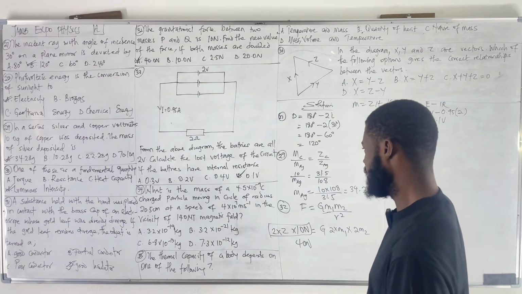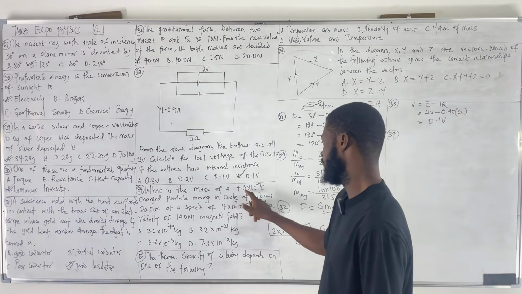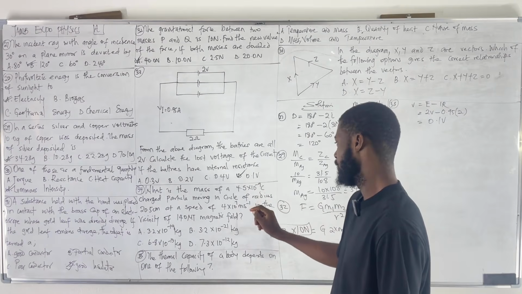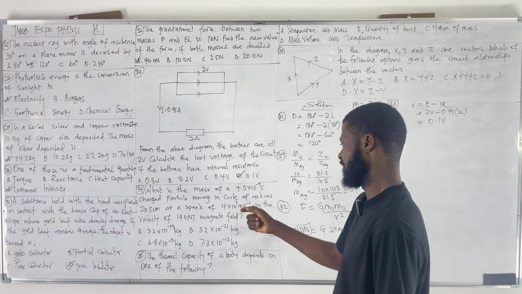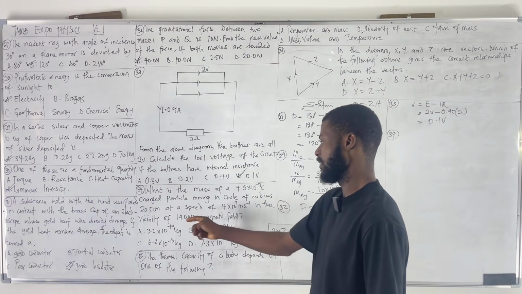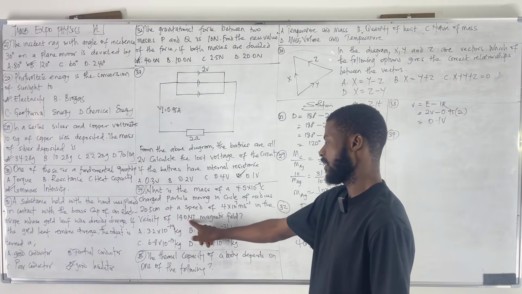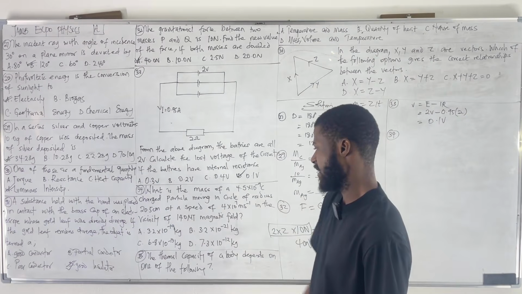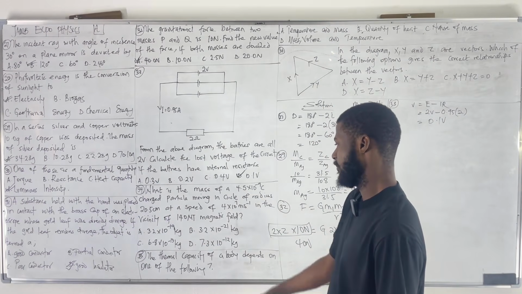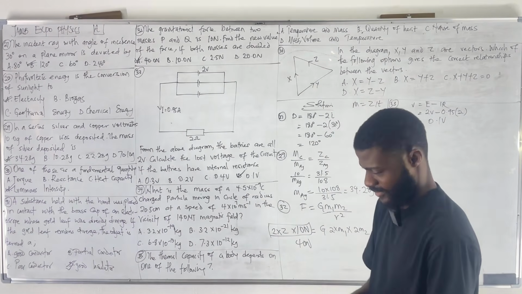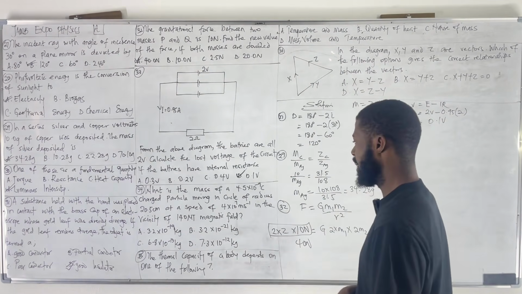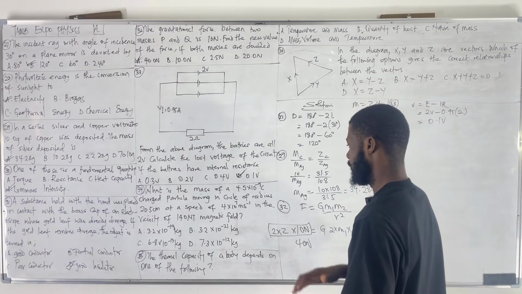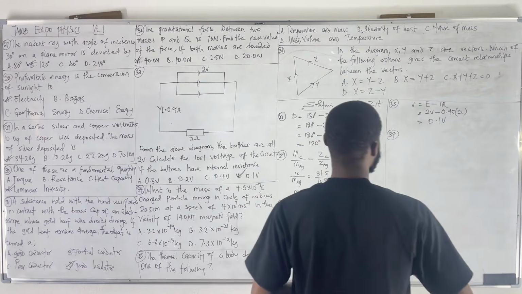34 says, what is the mass of a 4.5 times 10 to the power of minus 9 coulomb charged particle moving in a circle of this radius at a speed of this in the vicinity of a 140 micro Tesla magnetic field? Okay, first of all, we have to convert this.